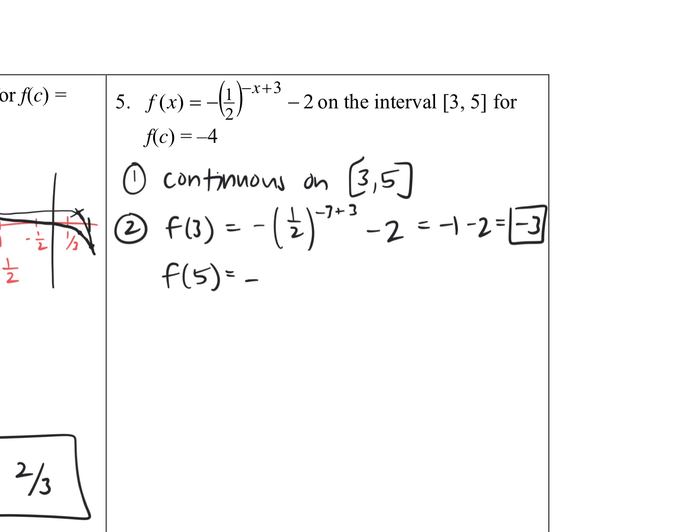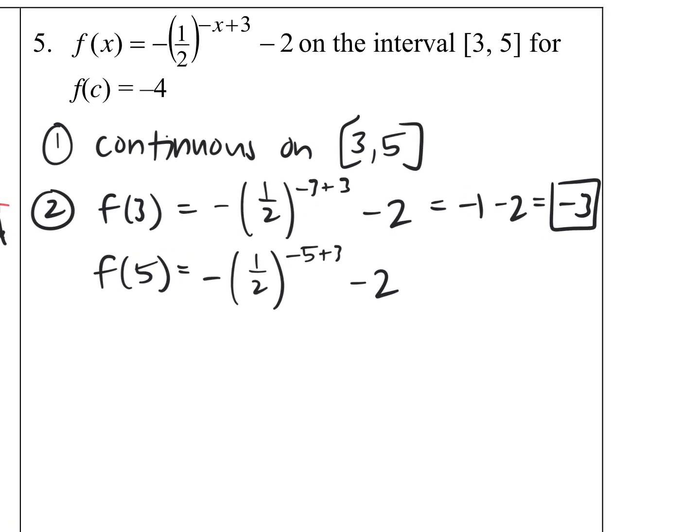Okay, when I plug in 5, some of us struggled last period with this. When I plug in 5, it's -5 plus 3, that whole thing minus 2. Well, if I simplify those exponents, I get -5 plus 3 is -2. So I get -1/2 to the -2nd power. Remember what happens if you have a negative exponent.